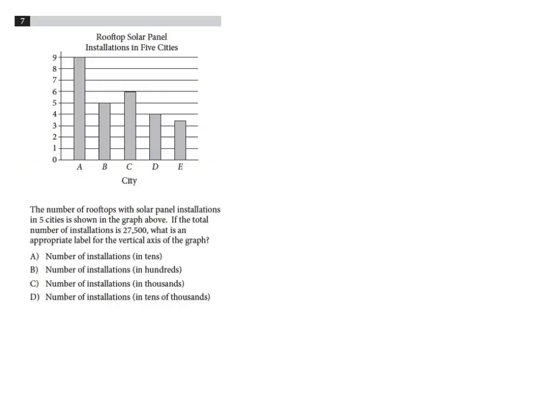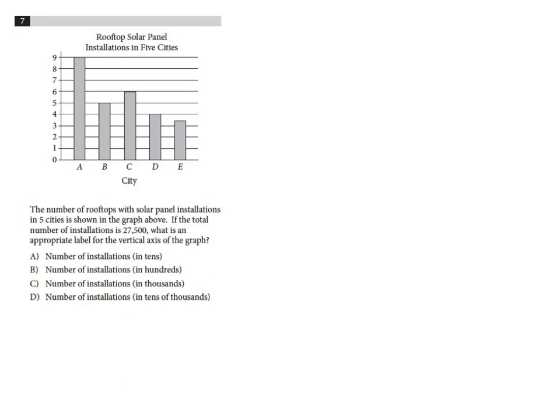Okay, here we go, number 7. We see this is a graph of solar panel installations in 5 cities. The number of rooftops with solar panel installations in 5 cities is shown in the graph above. If the total number of installations is 27,500, what is an approximate label for the vertical axis of the graph? All right, well, if the total is 27,500, let's see how many units they have on this graph.